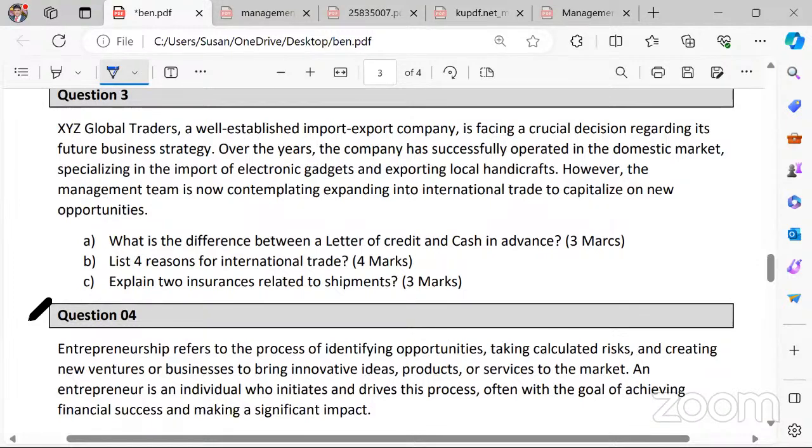Then what we can do is come to this solution, the letter of credit. What is it? Two banks, the bankers in two countries, the importer's and exporter's banks, come in to provide the assurance. The importer can deposit money in their bank in their country and get an LC.